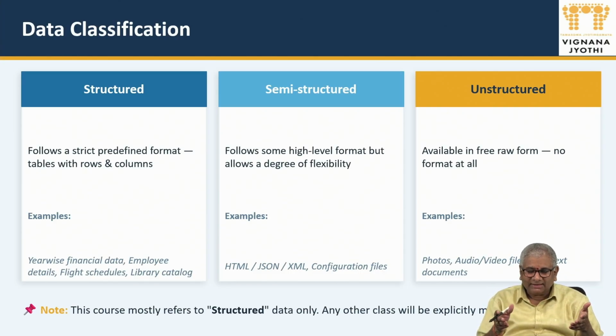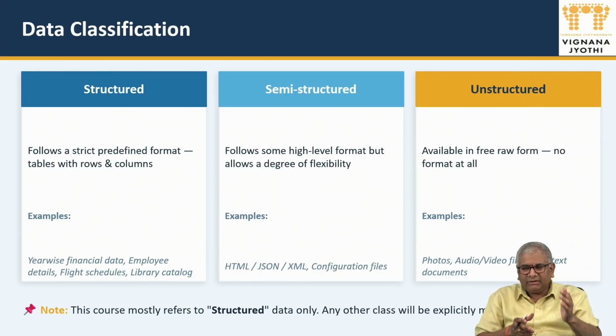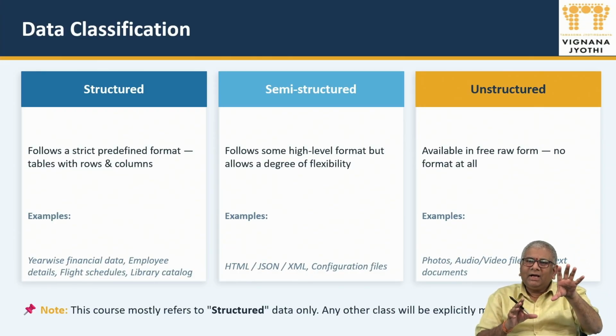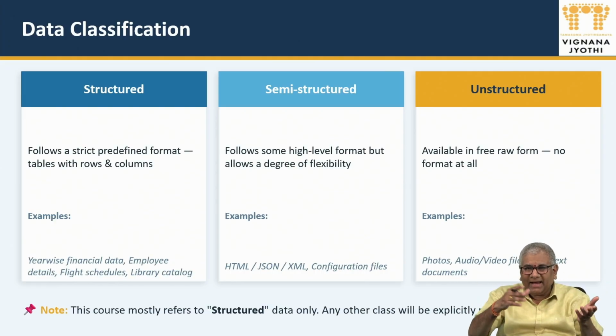Why do they come under semi-structured? Let's take the example of HTML. In HTML, you have a header, then a body, then a footer and all these things. But you can have some tables in an HTML page, or you may not have. You can have some anchors, or you may not have anchors. So certain things you can have, certain things you can optionally omit based on your requirement.